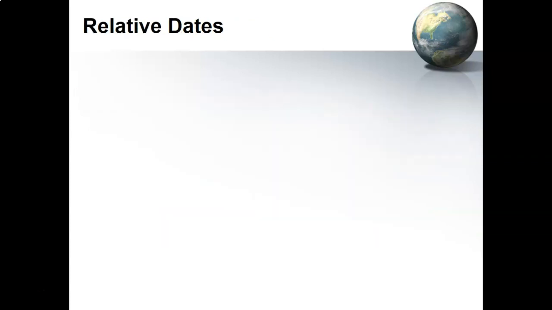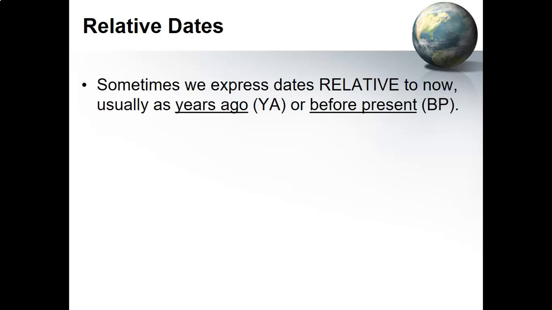Finally, well, actually, next, we've got another type of dates called relative dates. These are dates relative to now. Okay, so imagine if you didn't have the 0 at all, and right now is 0. We can talk about and put things on a timeline, talking about them in terms of how many years ago they were.